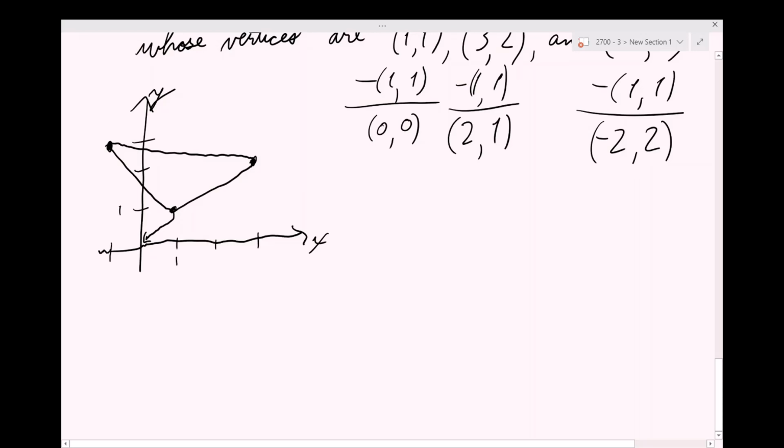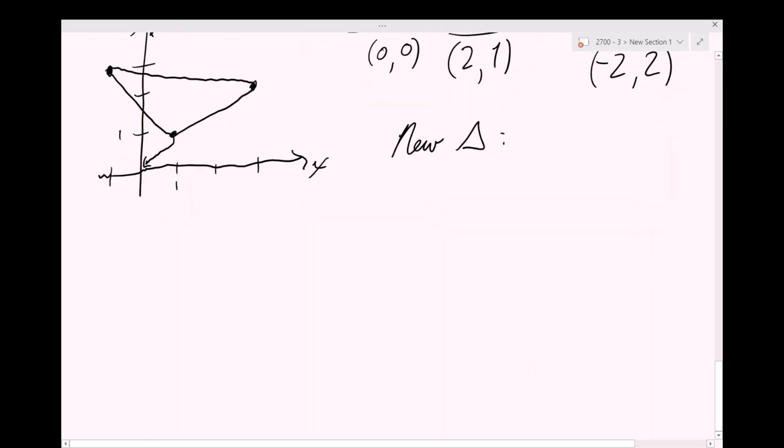So my new triangle is going to look like 0, 0, and then I have 2, 1, so 2, 1, and then I have negative 2, 2, so negative 2, 2.